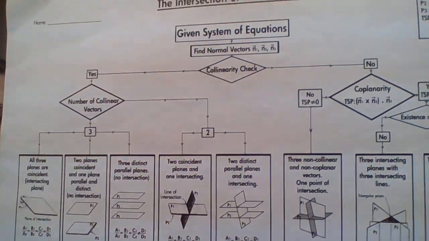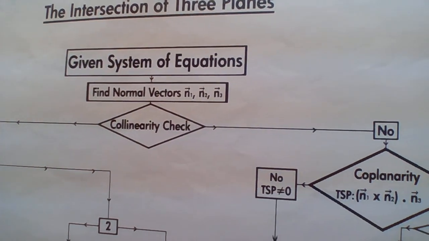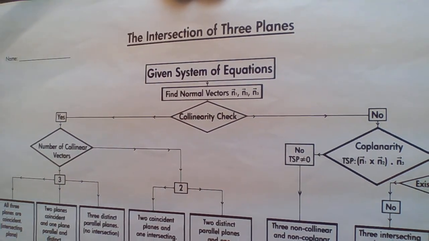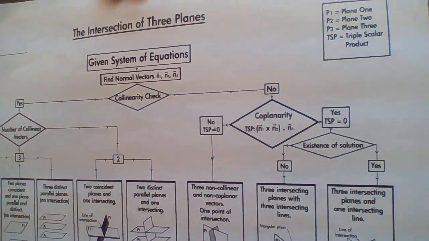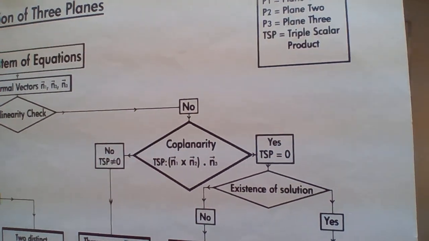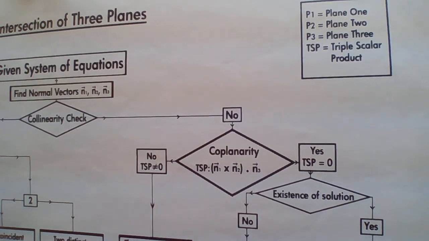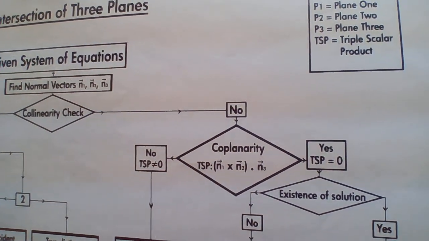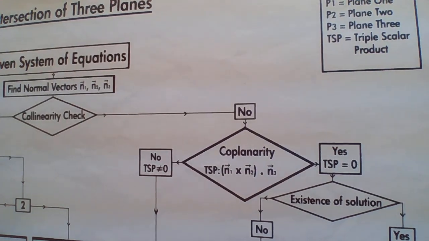But if your answer to the collinearity check is not a yes, then you go the other way of the branch. And here you see that we are dealing with a coplanarity scenario. So we have to do a coplanarity check using the triple scalar product.